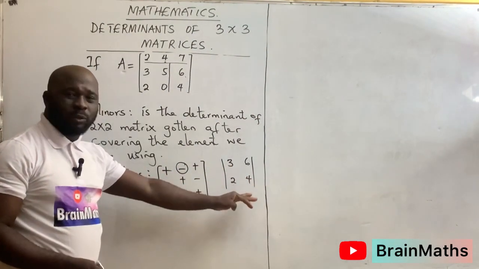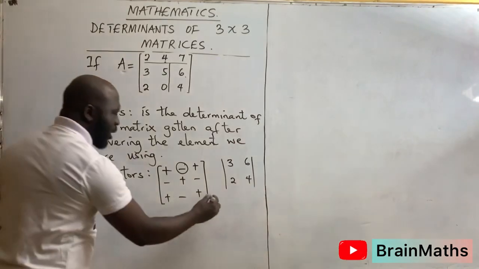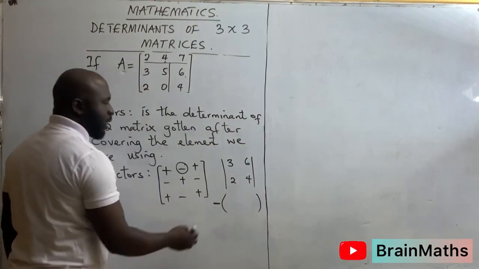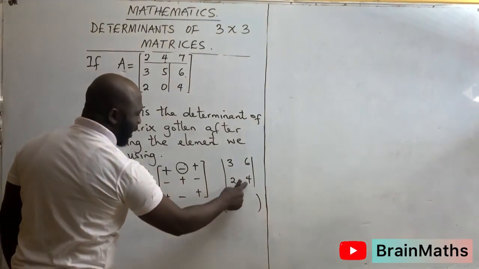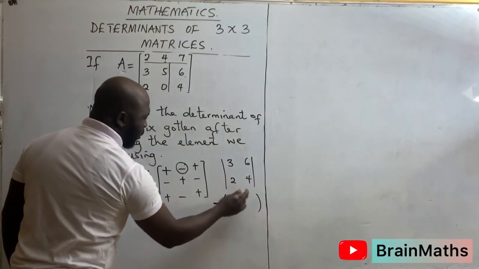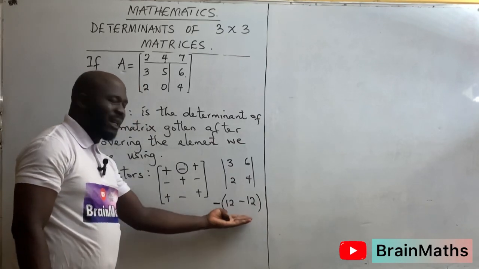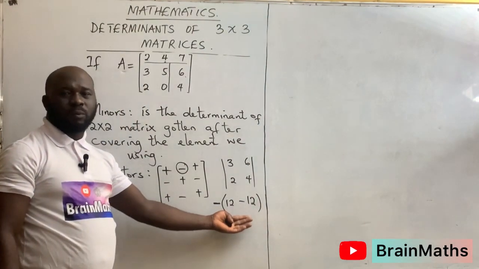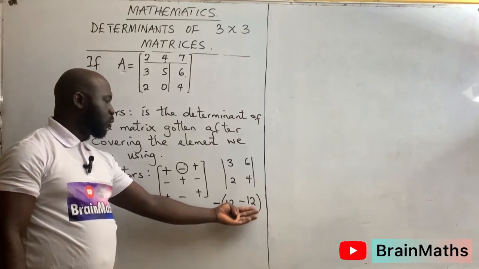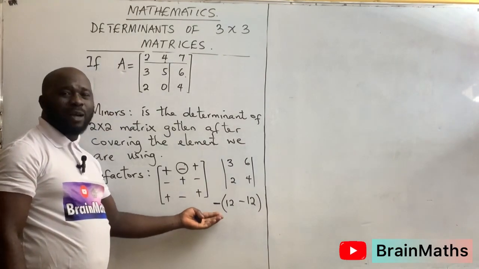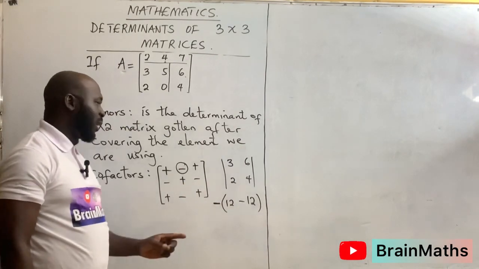Whatever we get from this place, the sign in front of that answer, after you have gotten the determinant, which is 3 times 4, 12, minus 2 times 6, another 12, you multiply and then find the sum. 12 minus 12 is 0. So by opening this, we are going to have a negative in front of that.